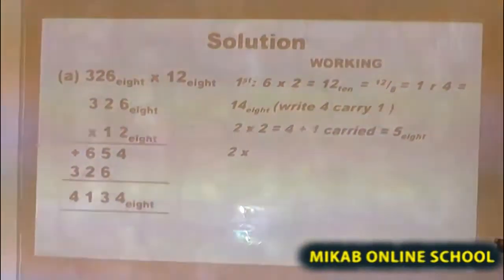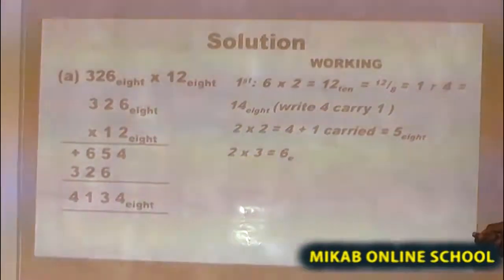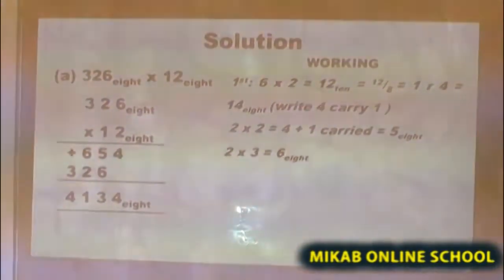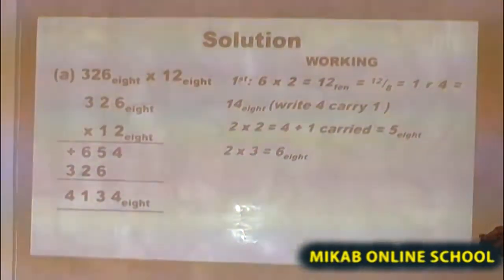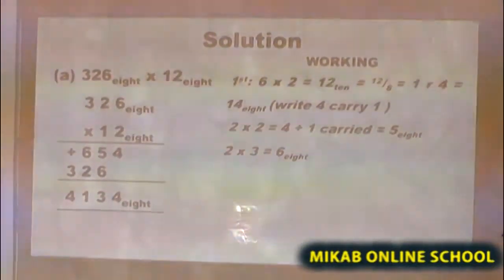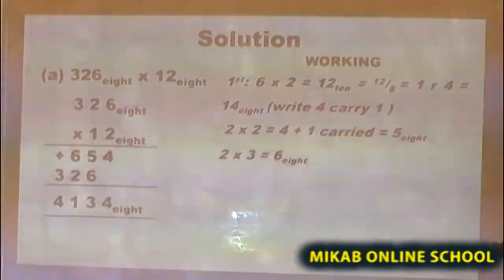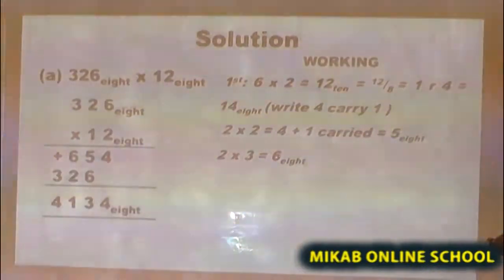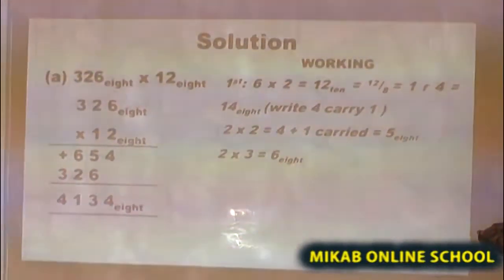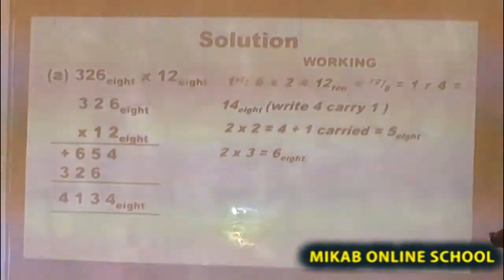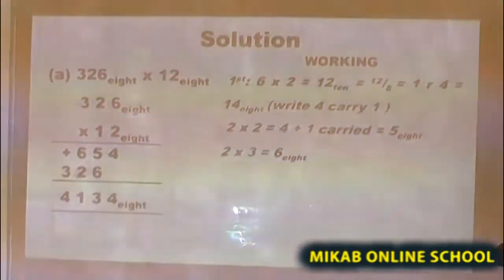Now also we have 2 times 3. 2 times 3 in base 8 will give 6 in base 8. We only convert when a solution is equal to 8 or more than 8. 8 cannot even divide into 6, so 6 in base 8 is equal to 6 in base 10.